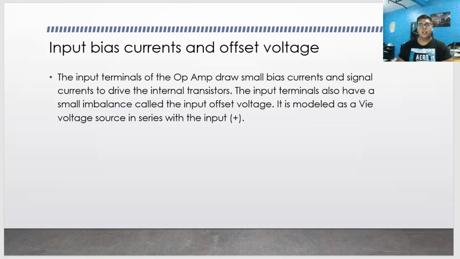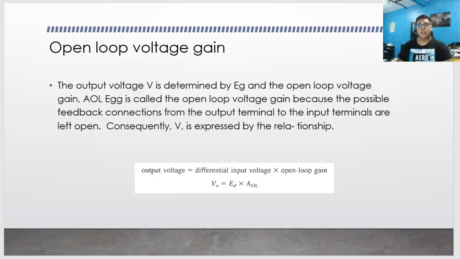Open loop gain. The output voltage is determined by the differential input voltage and the open loop voltage gain AOL. It is called open loop voltage gain because there is no feedback connection from the output terminal to the input terminals, leaving it open.